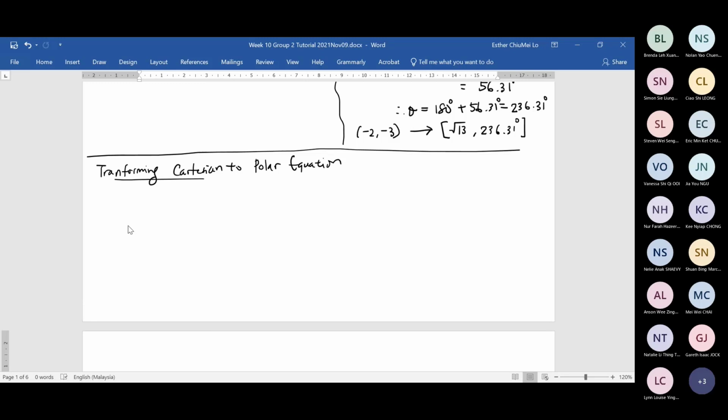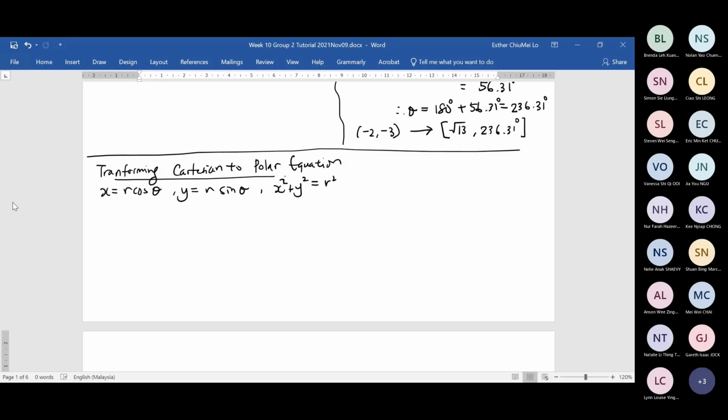Always remember we use the formula x equals r cos theta, y equals r sin theta, as well as x squared plus y squared equals r squared.